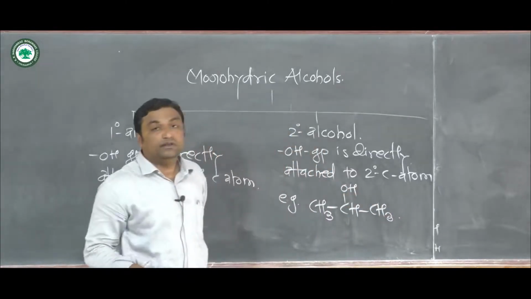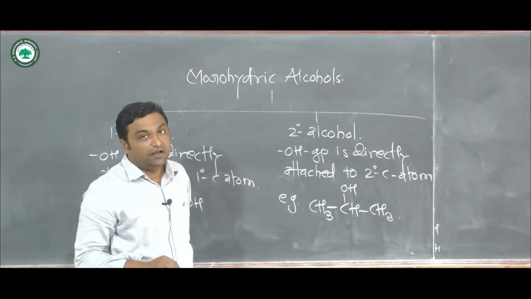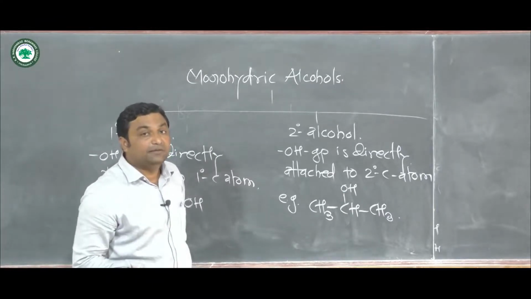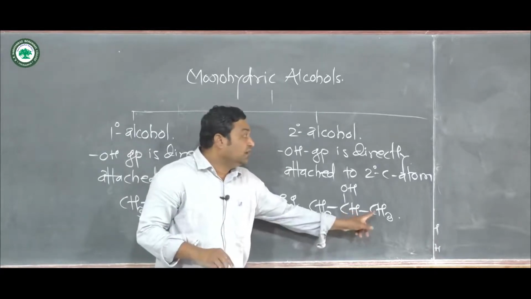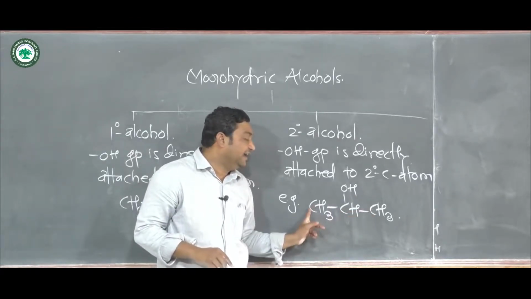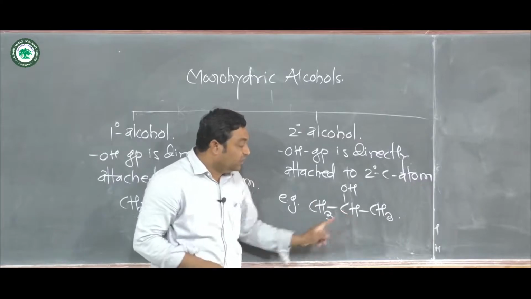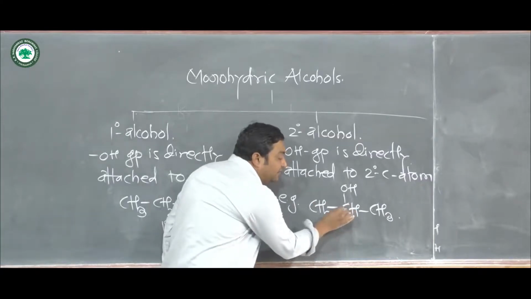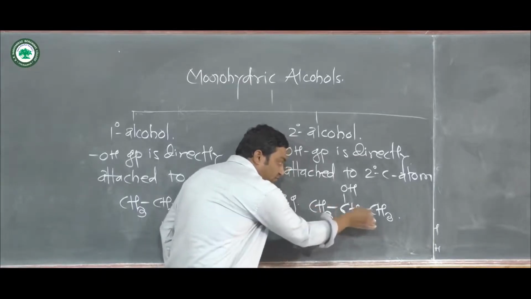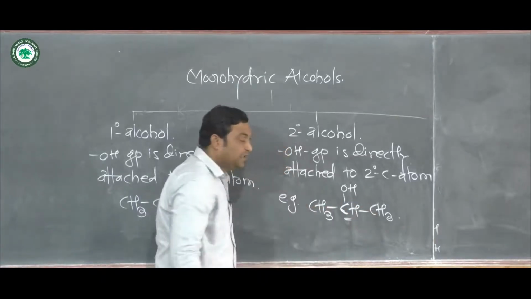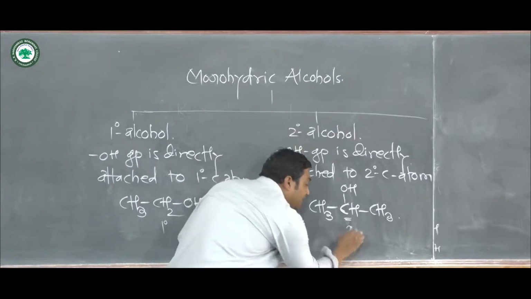We also know the definition of secondary carbon atom. Secondary carbon atom is such a carbon atom to which two other carbon atoms are directly attached. Here in this case, look at this middle carbon atom. This carbon atom is directly attached to two other carbon atoms. That's why it becomes secondary carbon atom.